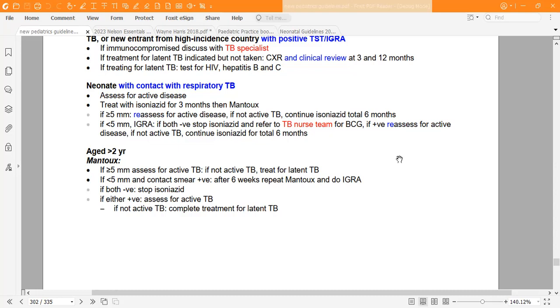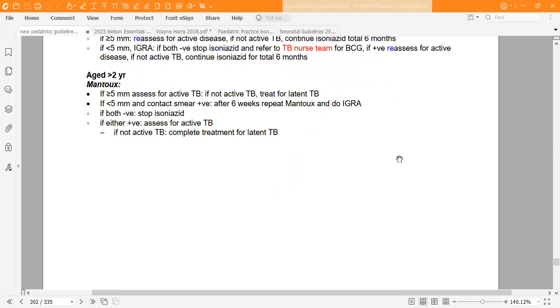If both negative, stop isoniazid. If either positive, assess for active TB. If not active TB, complete treatment for latent TB.